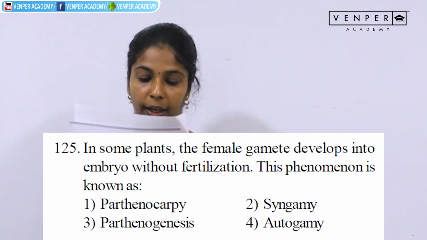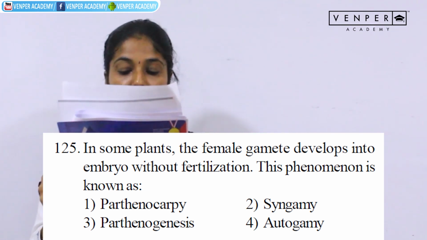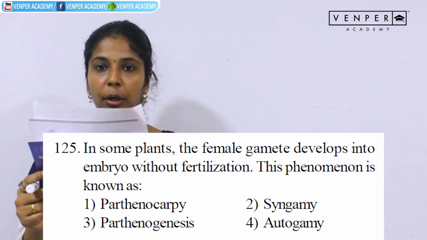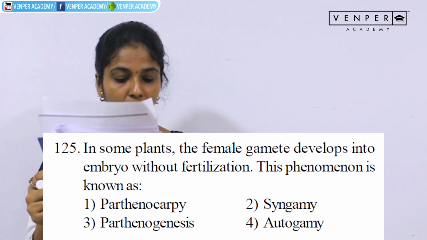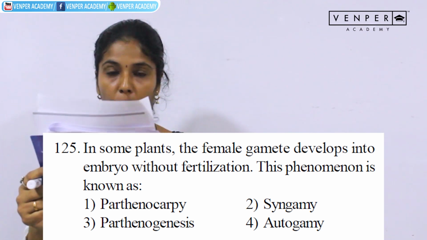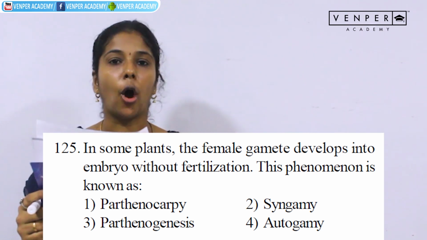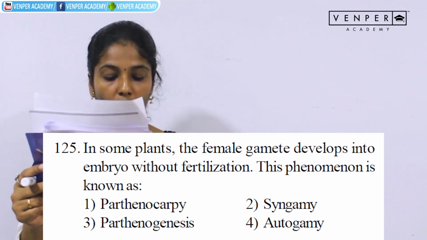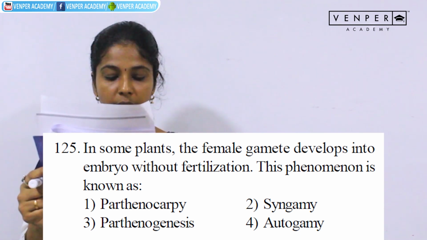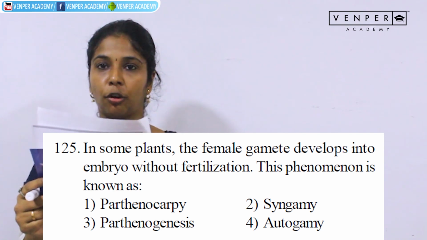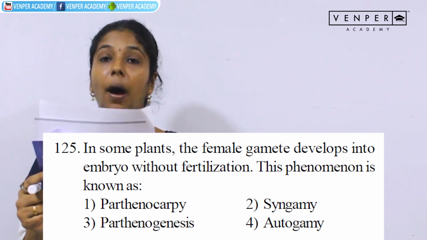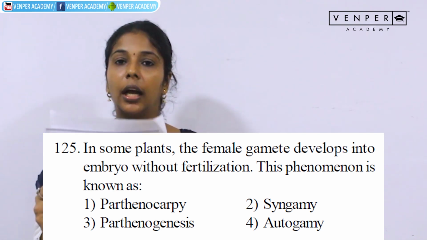Question number 125. In some plants, the female gamete develops into an embryo without fertilization. This phenomenon is known as. The options are option number 1, parthenocarpy, option 2, syngamy, option 3, parthenogenesis and option 4, autogamy. The correct option is option 3, parthenogenesis.